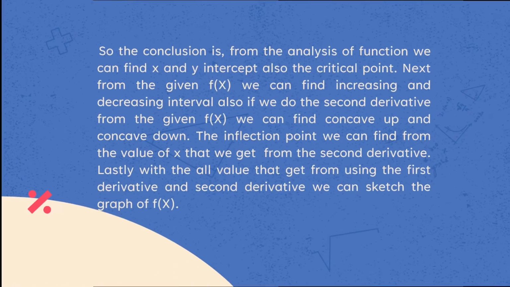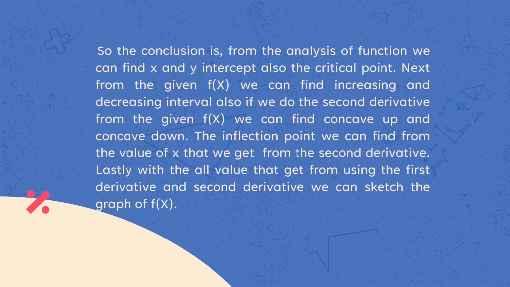So the conclusion that we can get from the analysis of function, we can find x and y intercept and also the critical point from the given f(x). Next, from the given f(x), we can find increasing and decreasing interval using the first derivative.